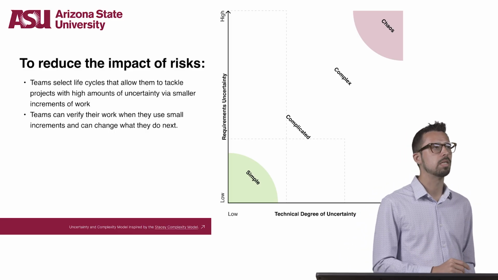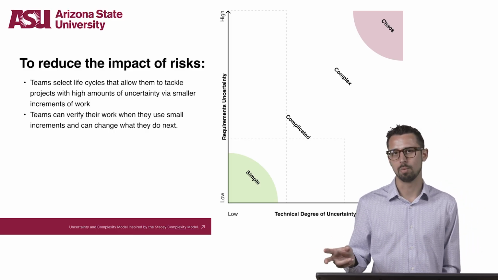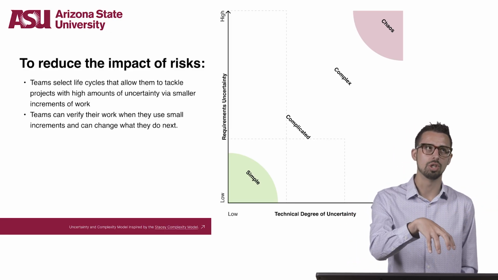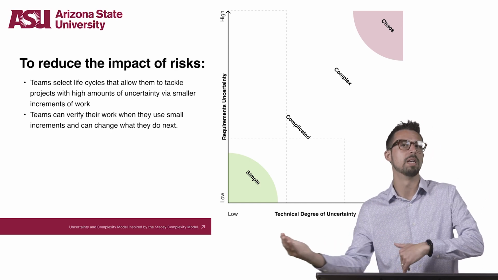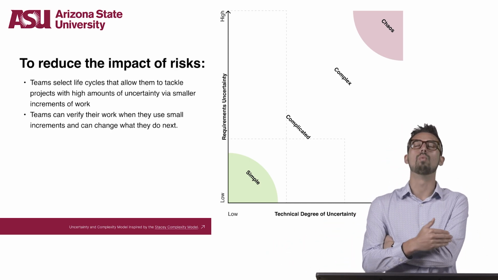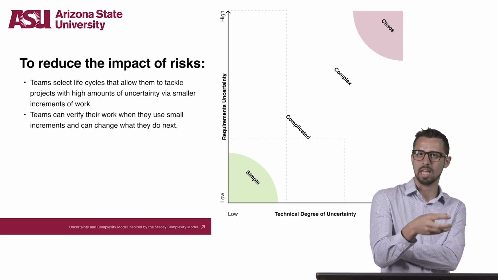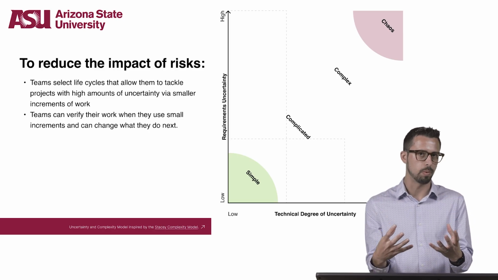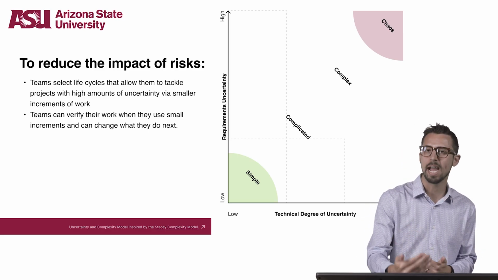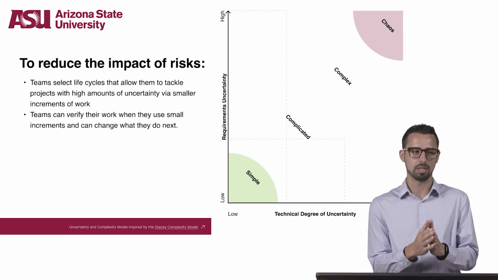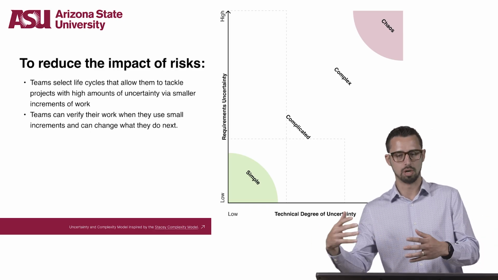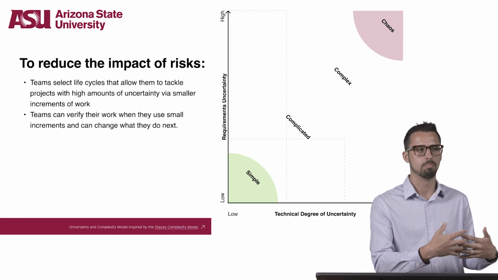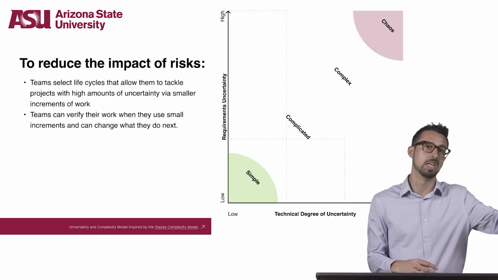So teams can also verify their work when they use smaller increments and can change or adapt to what they ultimately do next. Meaning that when teams deliver in smaller increments, they are better able to understand the true customer requirements much faster and more accurately than with a more static, sequential, or waterfall method where written specifications are spelled out at the very beginning of the project.